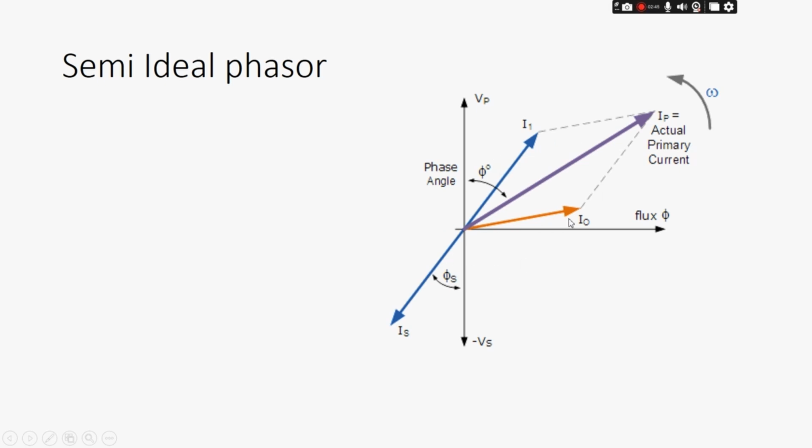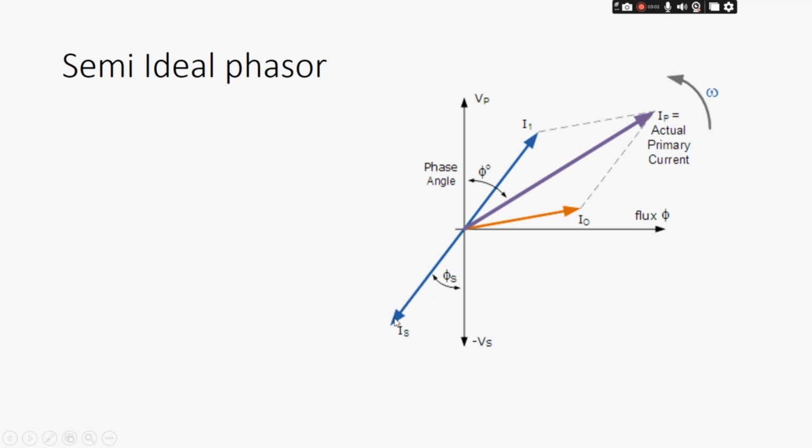Now you can see this I naught current, the phi naught angle is very high. Now what will happen: the transformer that we had has no load connected. Now we have connected a load of a particular value.